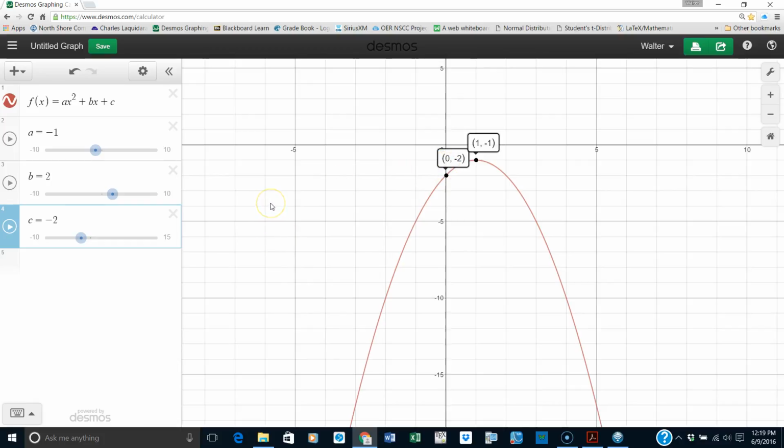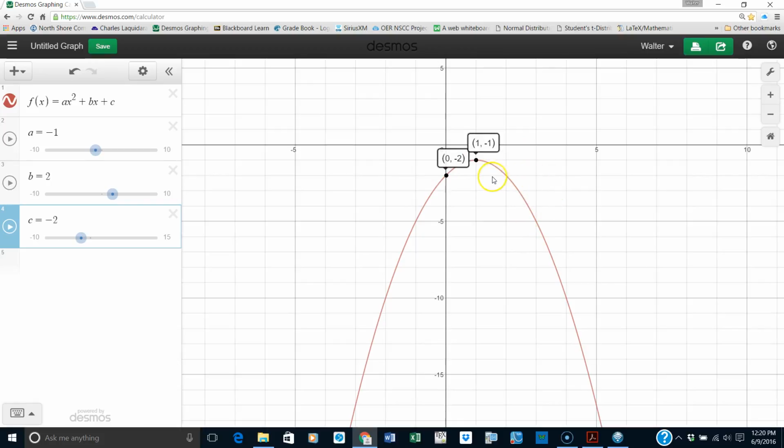What should happen is that instead of 4 plus 8 under the radical, we should have 4 minus 8. And 4 minus 8 is negative 4. Because we have negative 4 underneath the radical, there are no real numbers for the x-intercepts. So this parabola is correct. There are no x-intercepts because we have a negative underneath the radical symbol.